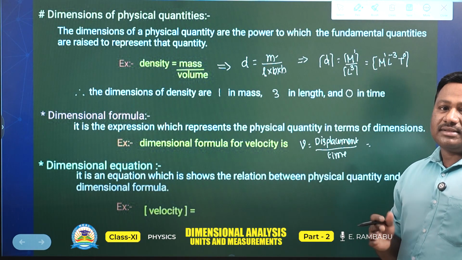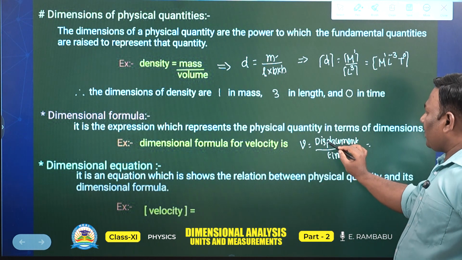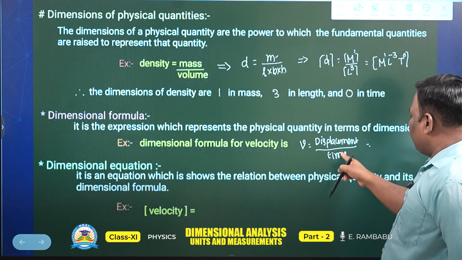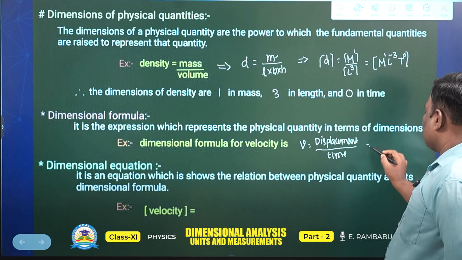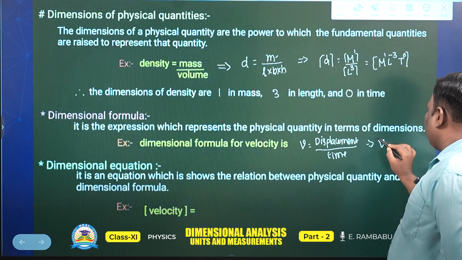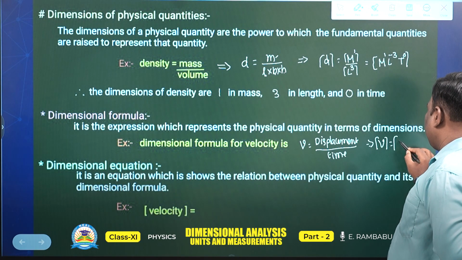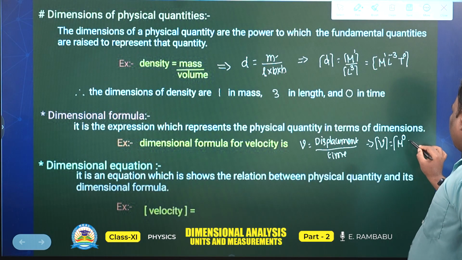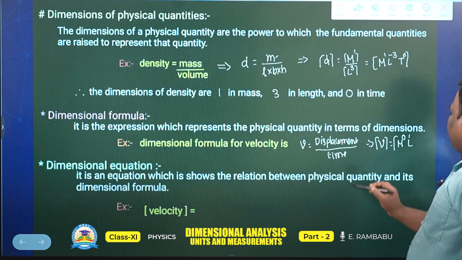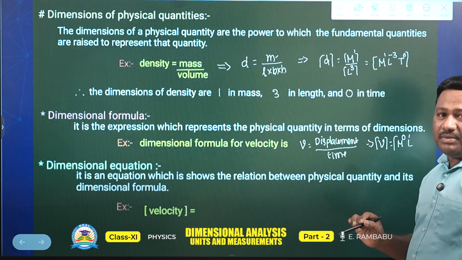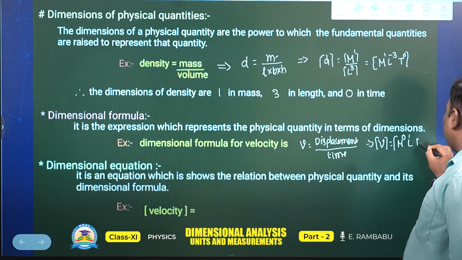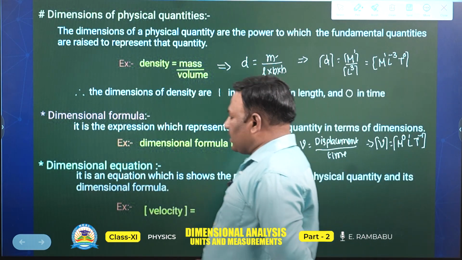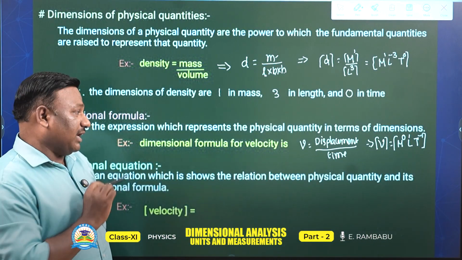Here mass we are not using, displacement is nothing but length, which is used one time, and time is used one time. So the dimensions of velocity are: mass not used, M to the power 0, length is used one time, and in the denominator time is used, taken to the numerator it becomes T to the power minus 1. So this is known as the dimensional formula for velocity.